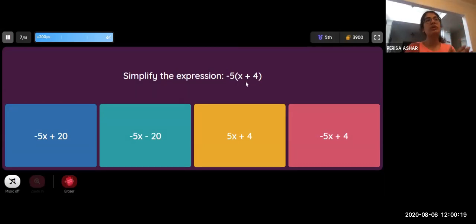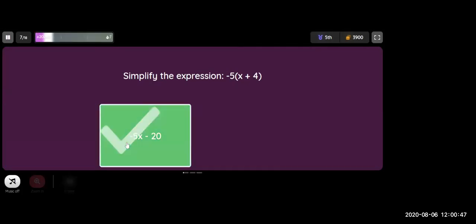The distributive property, for those of you still in elementary school who may not have heard of it yet, is when you distribute the number in front of an expression, like -5, to each term inside the expression, which is x plus 4. So -5 times x is -5x, and -5 times +4 is -20. So your answer is -5x minus 20. So it is correct.